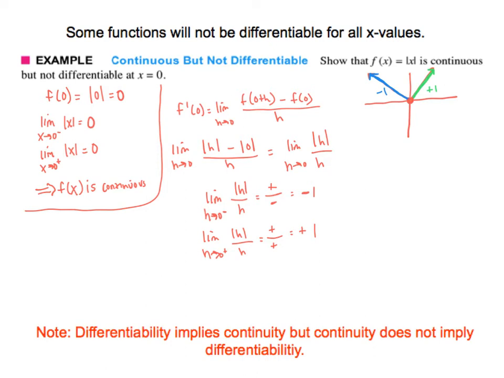I don't know. Am I on the left? Am I on the right? Am I right there? The answer is it is not differentiable. So another reason, not only because this limit definition failed and the left and the right are different, another reason that we think about is, can we zoom in, right?